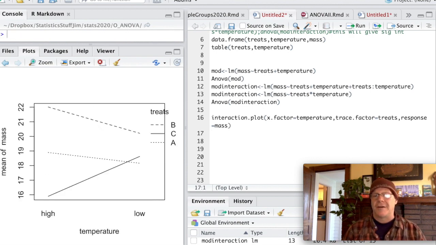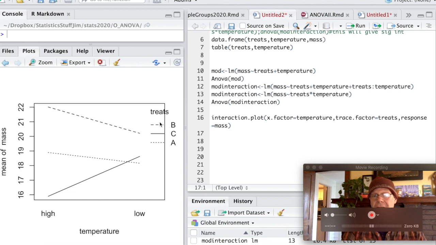And this is what an interaction plot is. So note that here we have a legend that's telling us treatment B, treatment C, and treatment A. So here's treatment A at a high temperature. Here's treatment A at a low temperature. Here's treatment, or I'm sorry, that's treatment B at a high temperature, B at a low temperature, A at a high temperature, A at a low temperature, and C at a high temperature, and C at a low temperature.